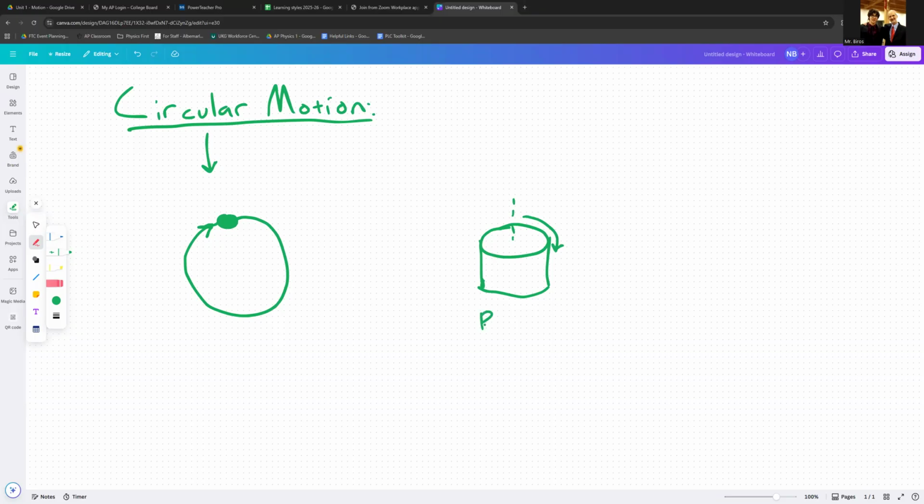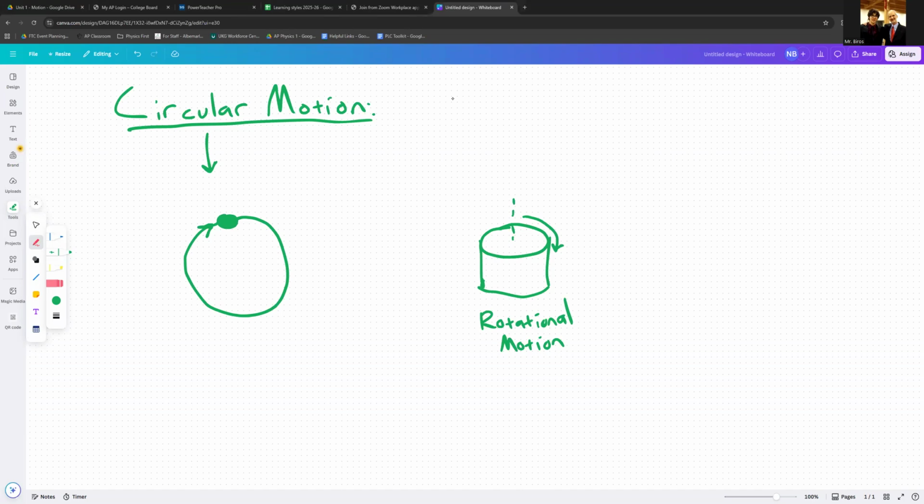That's called rotational motion. When an object rotates around that point or that line that goes through the object itself, that's rotational motion. We'll look at that later, in Unit 5, but it's not circular motion. Circular motion is what we have here, with the object going around and around in a circle.